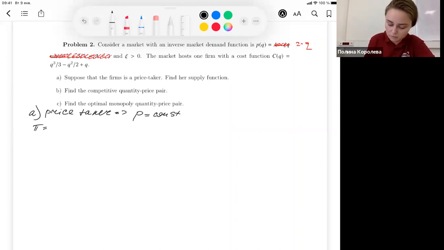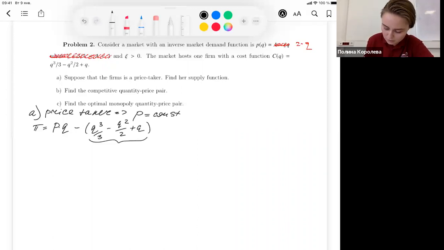It's total revenue, price multiplied by quantity, minus total costs. Total costs here are q to the power 3 over 3 minus q squared over 2 plus q. And this we should maximize by choosing quantity greater than or equal to 0.